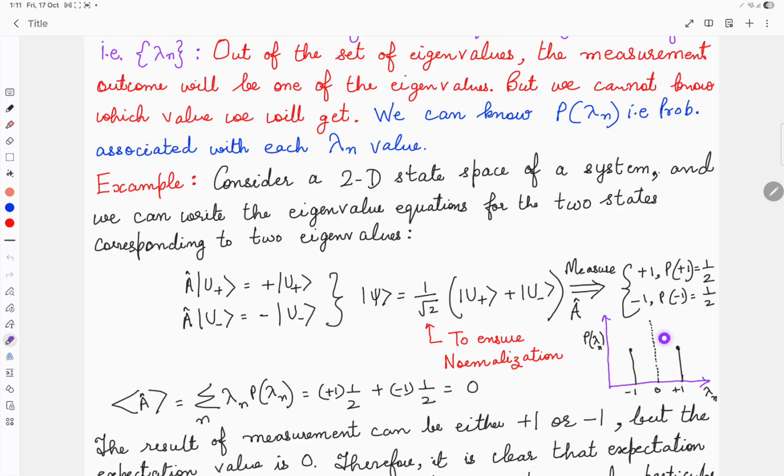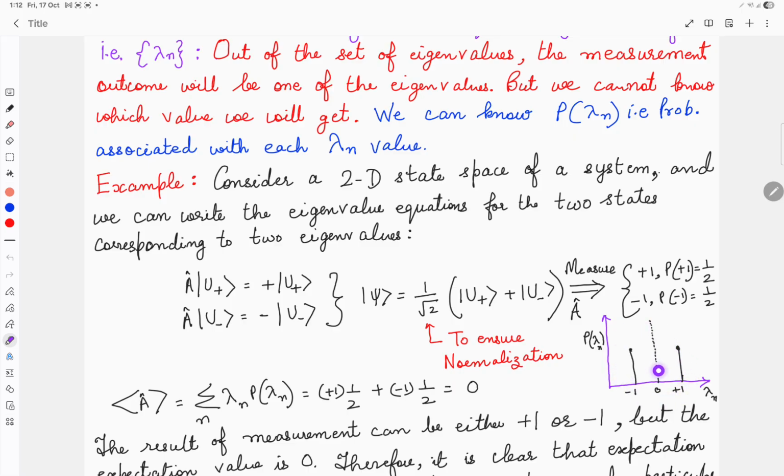So I draw the probability distribution diagram, with probability values corresponding to each eigenvalue, and along the x-axis are the eigenvalues. The two eigenvalues, as I just described, are -1 and +1, and the probability of -1 is half, and the probability of +1 is also half.